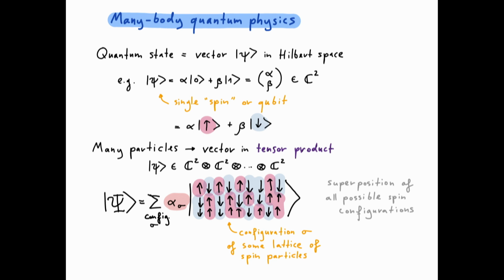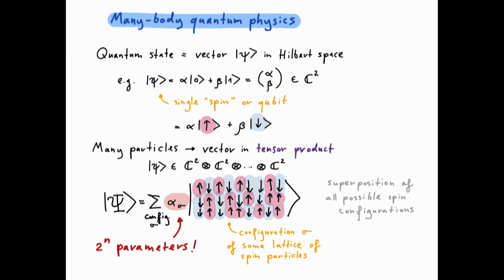It's a superposition of all possible spin configurations, and that means in particular that the wave function, the state, has an exponential number of parameters. An exponential number grows very quickly, so if we want to simulate this on a classical computer, already just storing the wave function in memory is too large for moderate system sizes.